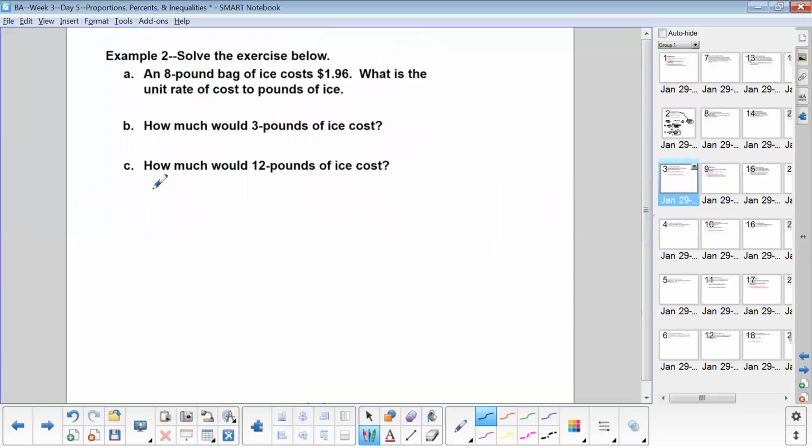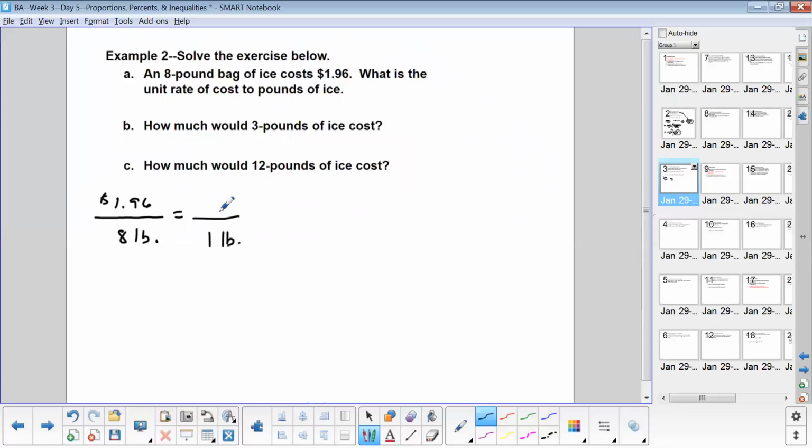So if we know that an 8-pound bag of ice costs $1.96, so we know that it's $1.96 per 8-pound bag. And typically we see that written as how much per pound. If it's $1.96 per 8 pounds, it's just asking what's the unit rate for 1 pound.